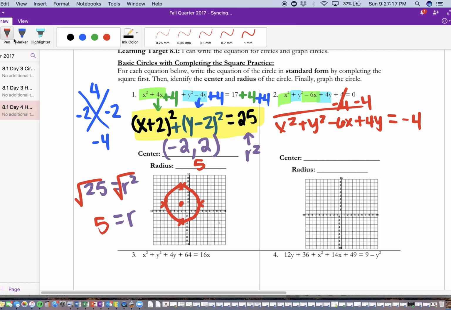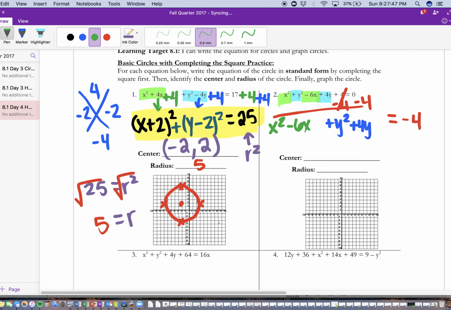If I want to start by grouping all my x's and y's together, then I want to make sure that my x's are grouped together. So I want to write the x squared minus 6x first. And then my y's are grouped together. So then I'm going to leave a blank and then do y squared plus 4y, leave a blank, all right, equals negative 4. And then I go ahead and complete the square.